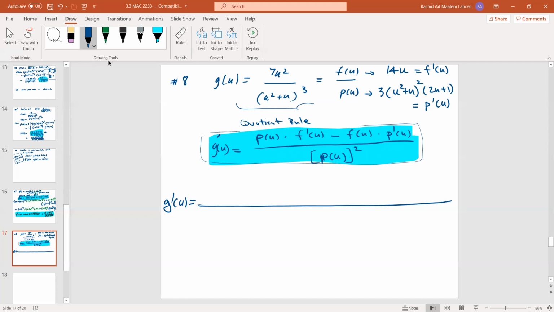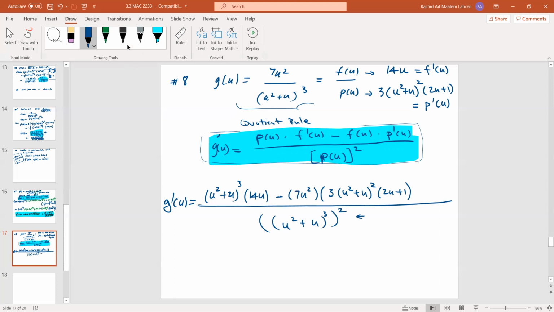So this here is u squared plus u to the cubed, times 14u, minus u squared plus u squared, times 3, times u squared plus u squared, and this is u squared plus u. It's cubed and it's squared, right?